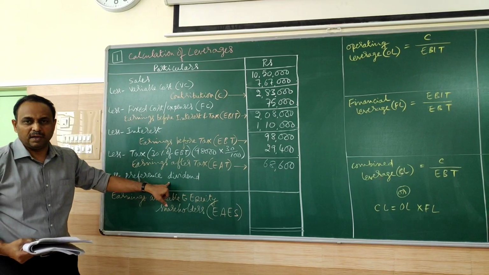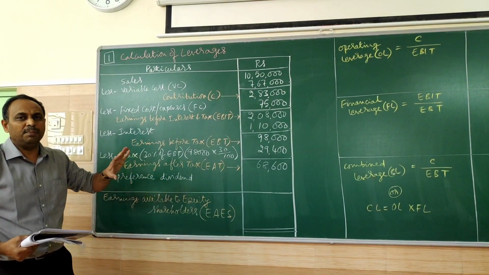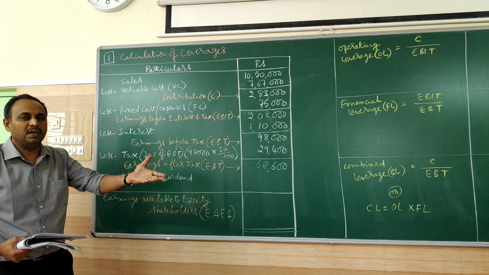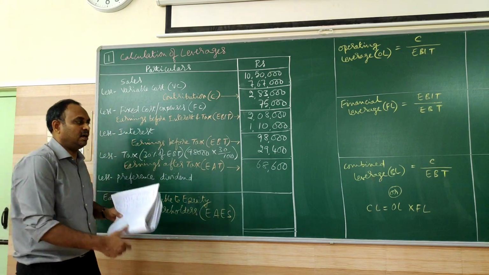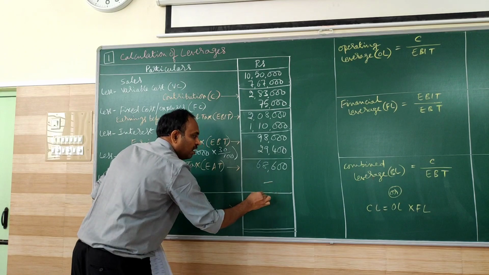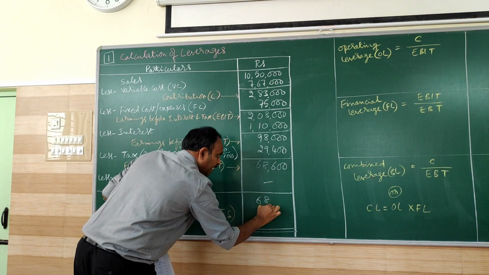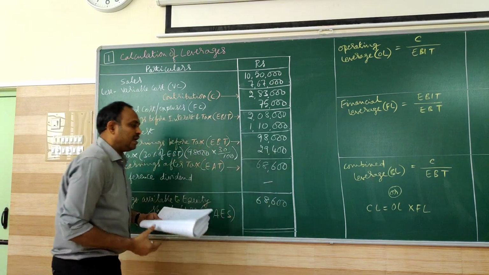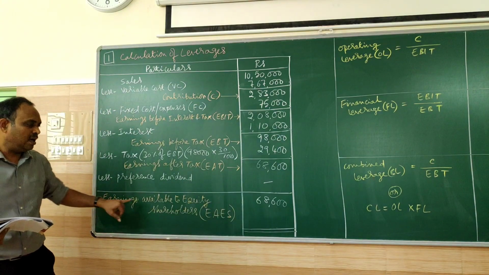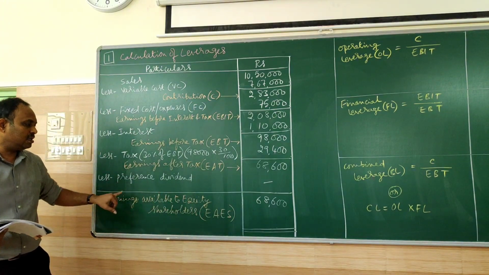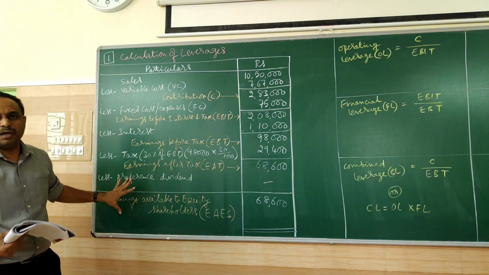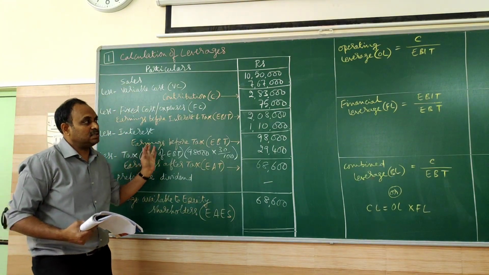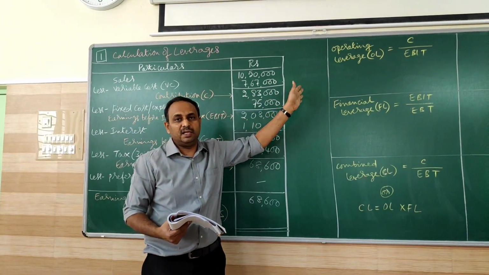Then preference dividend. Preference dividend will be there only when it is given in the problem or preference shares are there. Then we have to calculate preference dividend. Otherwise, it is nil. So when it is nil, we carry the same amount of EAT, that will be EAES, that is earnings available to equity shareholders. So this gives the information required for us to calculate the various leverages.